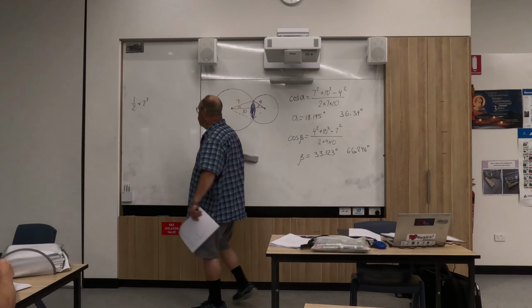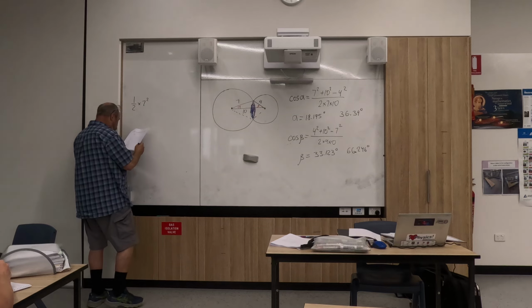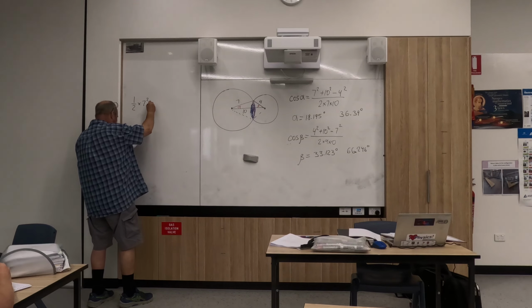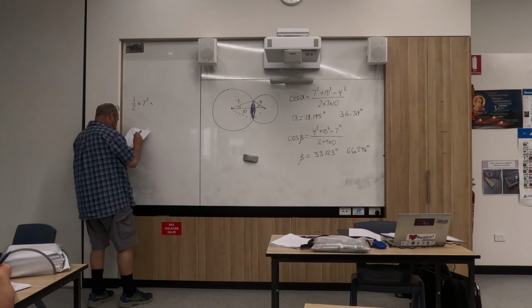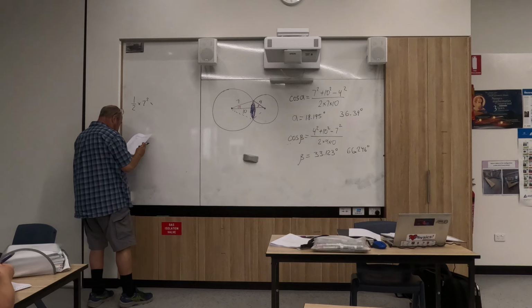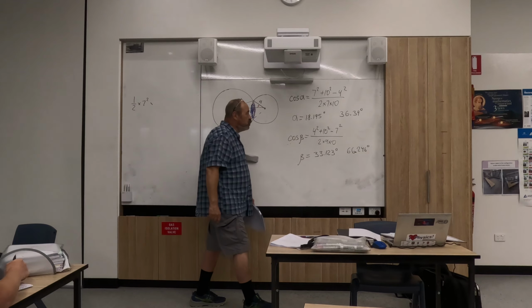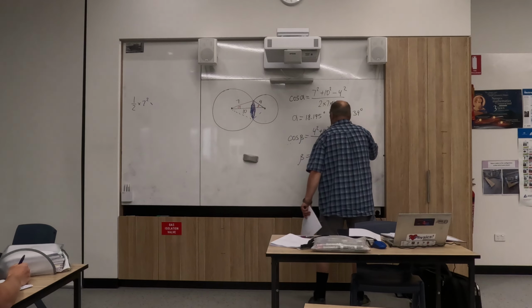So for the biggest circle, 1/2 of the 7 squared times 2 alpha. And now, it is better to turn the angles into radians.